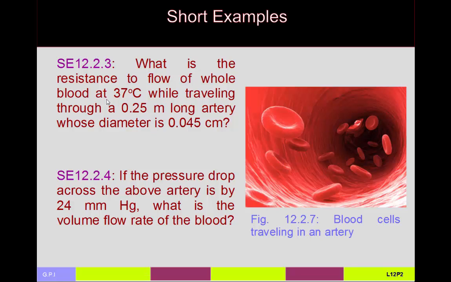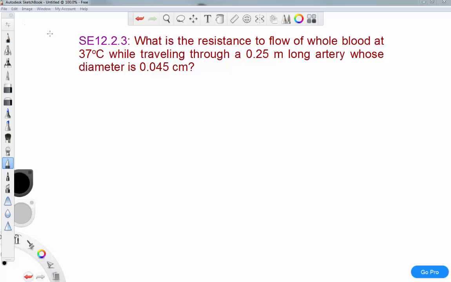And we'll start with this one, which gives us the question, what's the resistance to flow, that's capital R, for whole blood at 37 degrees C while traveling through a 25 centimeter long artery with a diameter 0.045 centimeter. So the resistance to flow is given by this equation. R is 8 times the coefficient of viscosity times the length term divided by pi times r to the fourth.